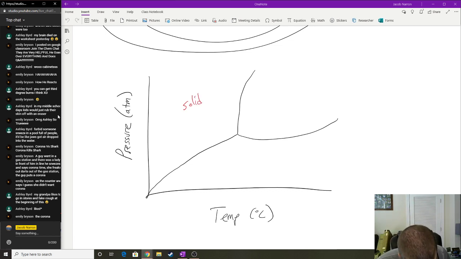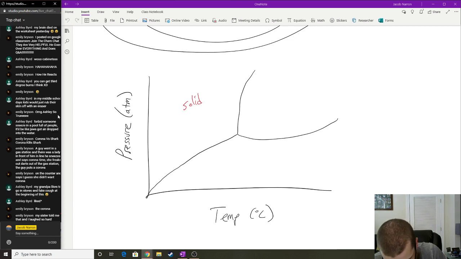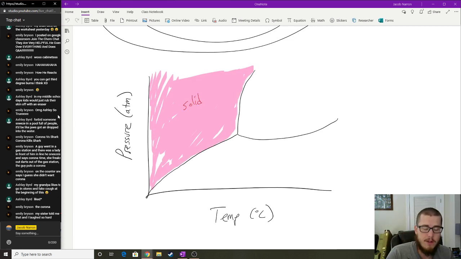Hold on, this is very important. There we go. Pink, that's what I want. So over here, everything is solid, everywhere over on that side. There is a reason for this, I promise. There we go. Beautiful. Solid.